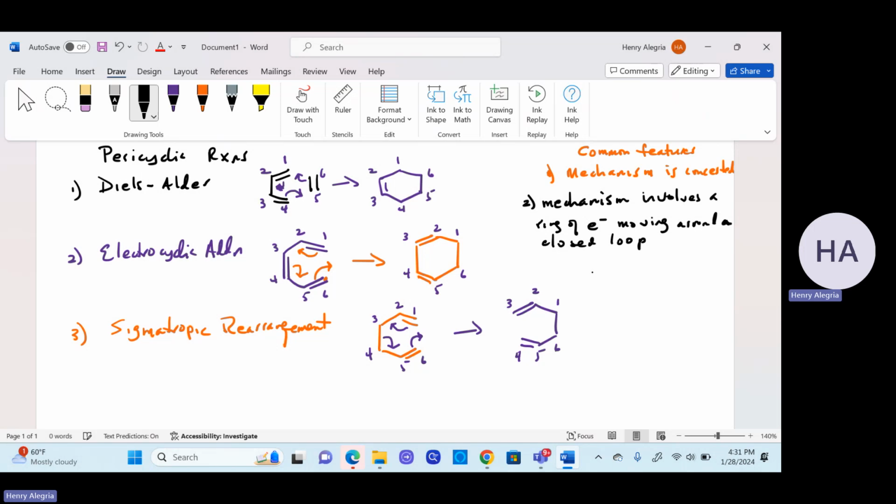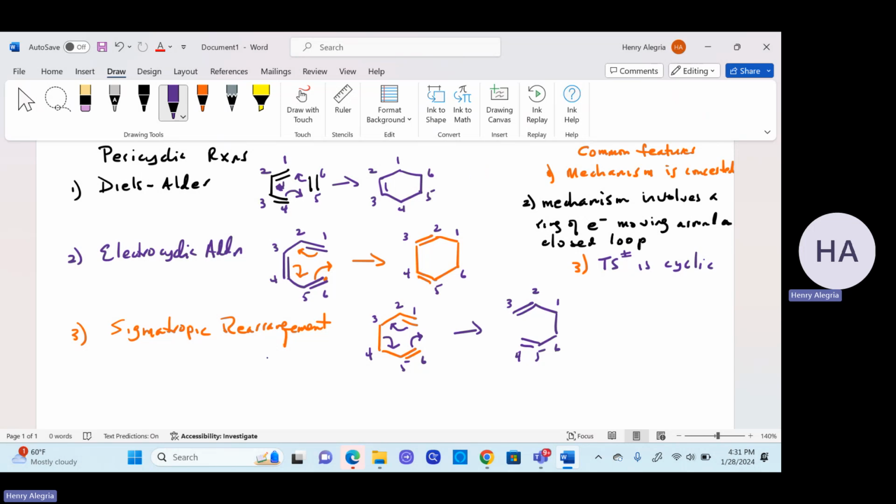A third feature that I think you can distinguish, in all three of them, is that the transition state is cyclic for all of these. So for example, in the case of the Diels-Alder, there is no intermediate, so I'm referring to the transition state here.